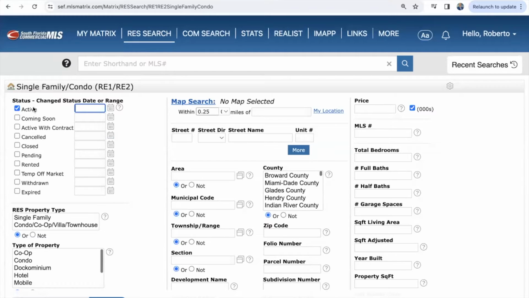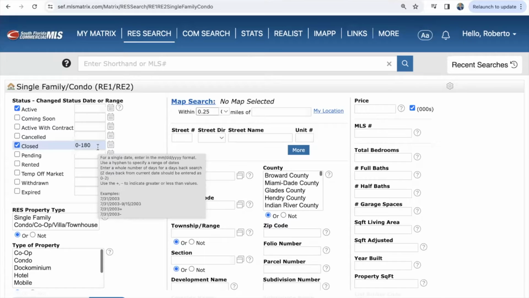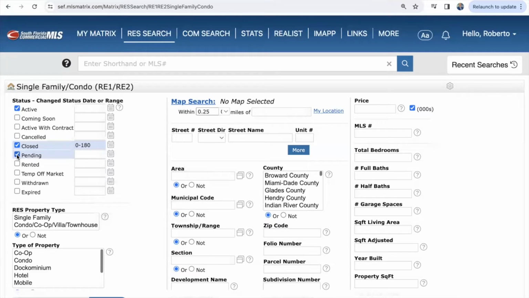So the first thing that you guys need to do is make sure that you always select active, because you want to see what's active out there in the market. And then you want to select closed sale. 0 to 180 days is equal to 6 months, right? If you wanted to do a comp analysis based on 90 days or 3 months, then you would switch to 180 to 90 days. Let's also include pending sales.